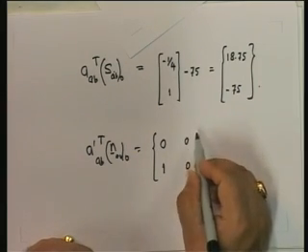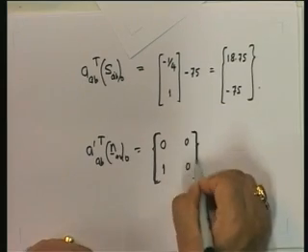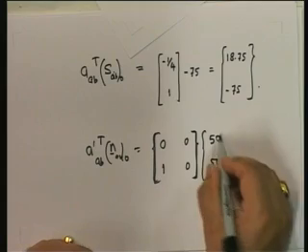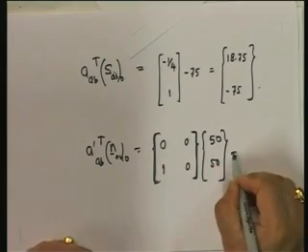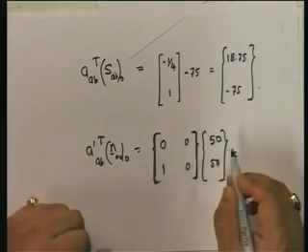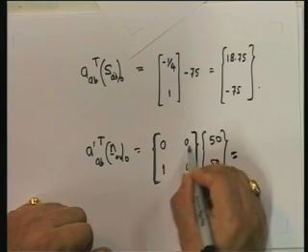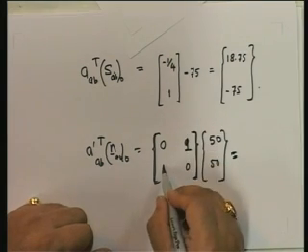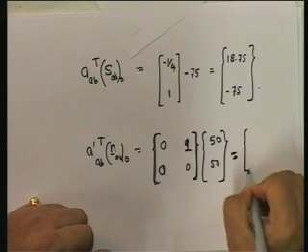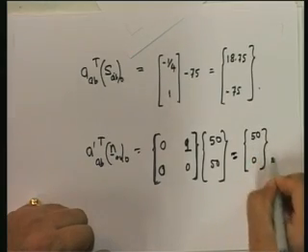For R2, this is going to be 0, 0. Multiplied by 50, 50. This is corresponding to the second one, and this is 0, 0. So what we get is that this is equal to 50 and this is equal to 0.